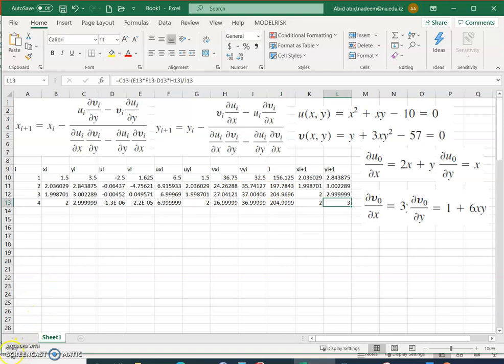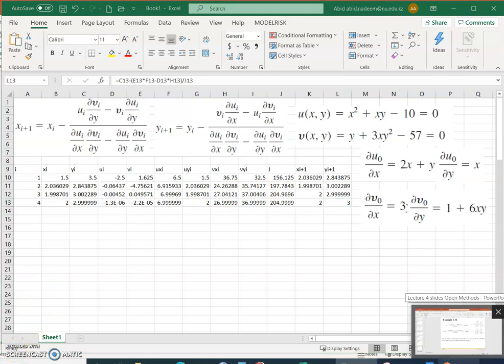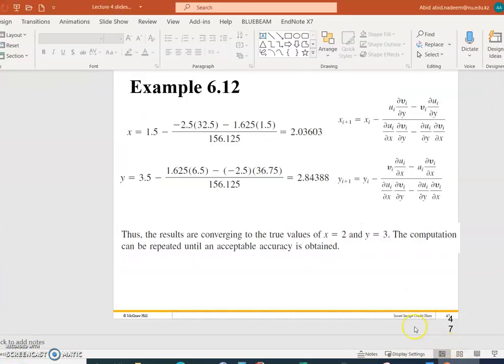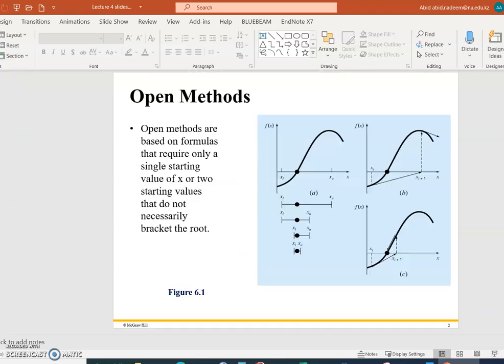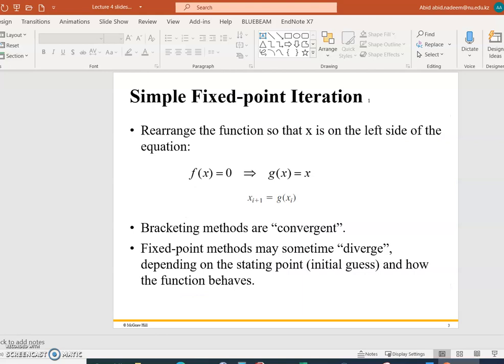So that's all for this method. With this we have completed the topic of open methods. For a review, first of all we introduced open methods, which are in contrast with the bracketing methods.